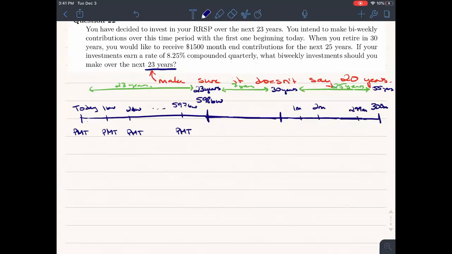And then 299 months. I'll call that 0 months, just to have something to call it. So I want month end payments of 1,500, 1,500, 1,500, and 1,500.